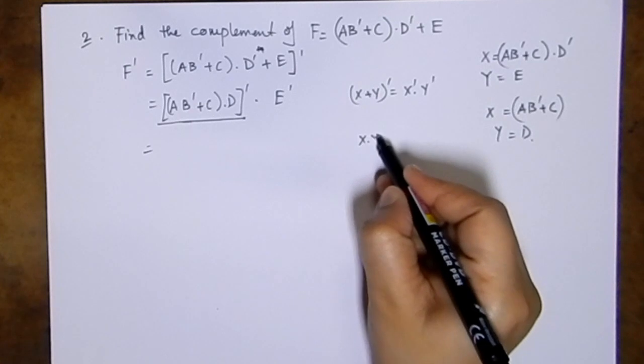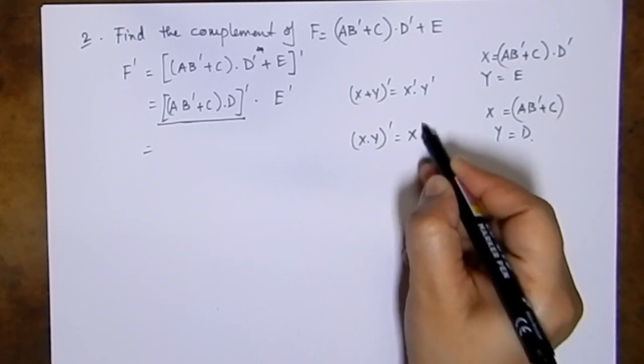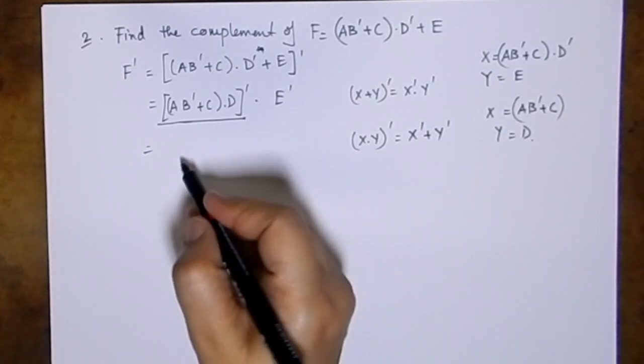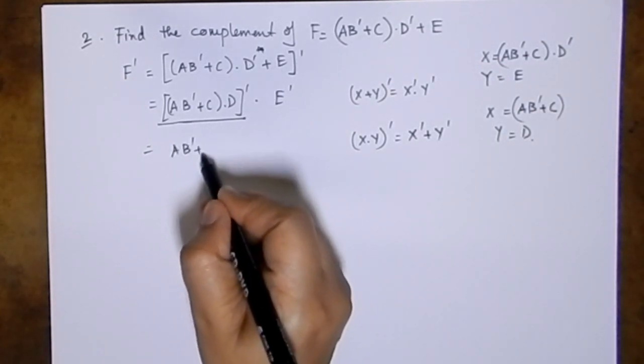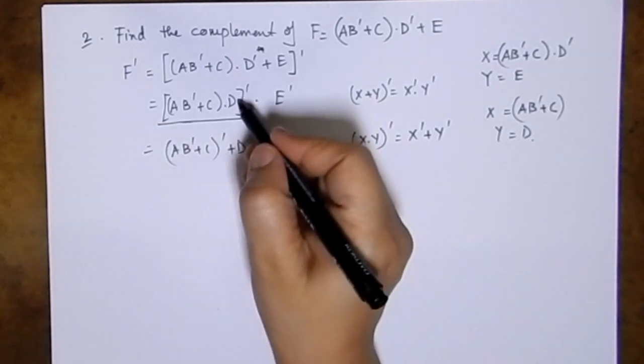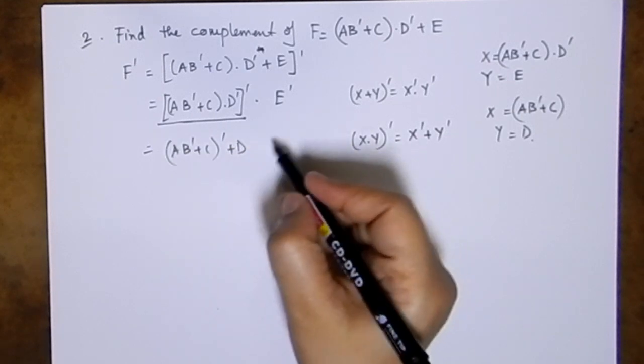So (x dot y) whole dashed can be written as x dashed plus y dashed. So it's (ab dashed plus c) whole dashed plus D double dashed, which means D.